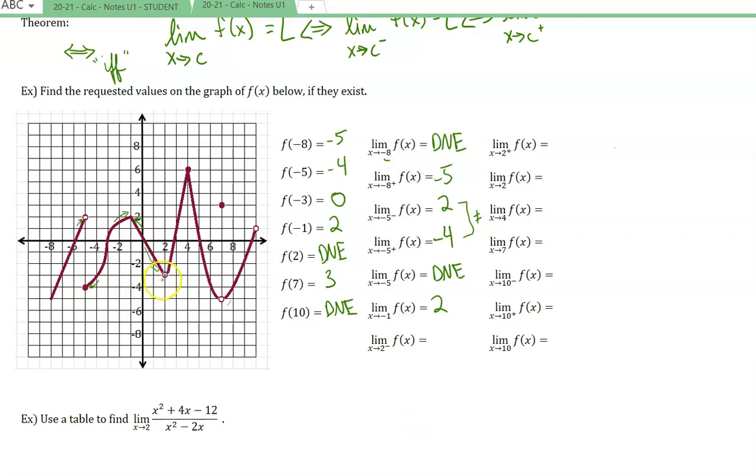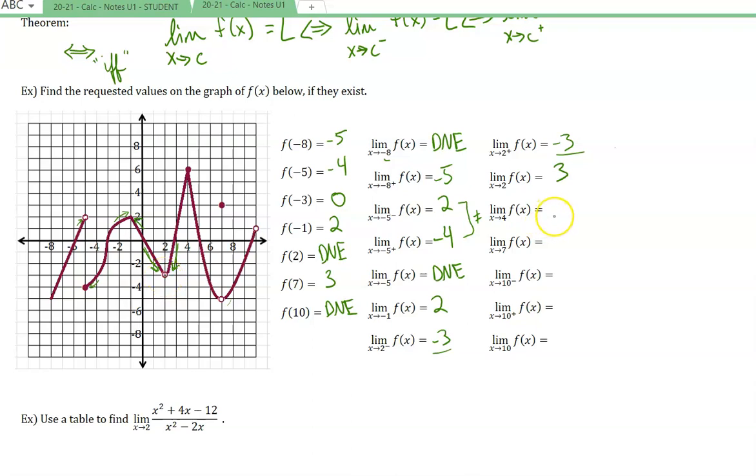We are approaching, again, doesn't matter that it doesn't exist, a height of -3. As we approach from the right, we are also approaching a height of -3. The limit as x approaches 2 of the function then, because both of these are the same, does exist. Or in other words, if we were coming from both sides here, our fingertips would just about meet right there, so the limit does exist.